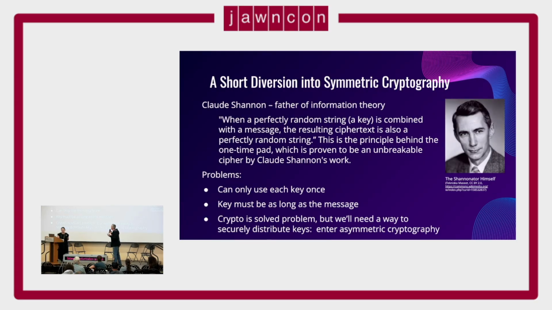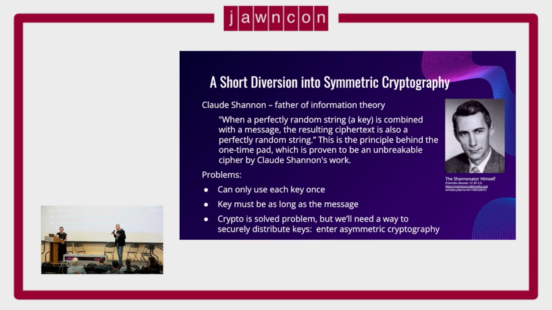So let's take a short diversion about symmetric cryptography. If you have a random string of characters and you XOR those with your message, you still get a random string of characters. This is the basic principle behind one-time pad. It is provably secure. There are a couple of problems, though. You can only use the key one time.